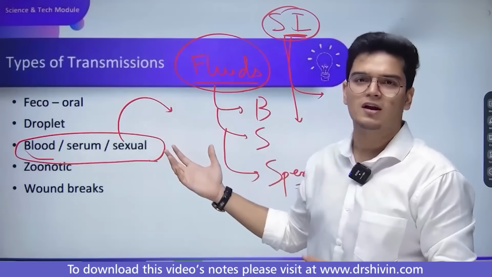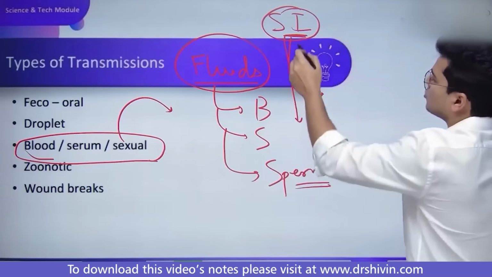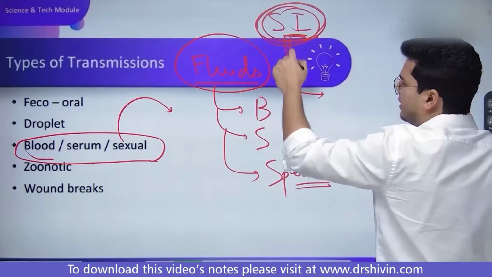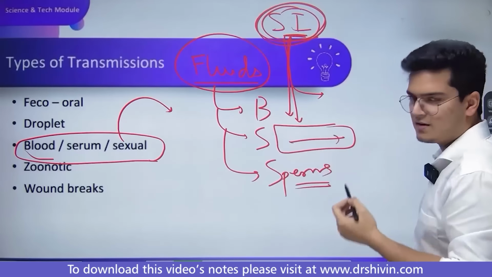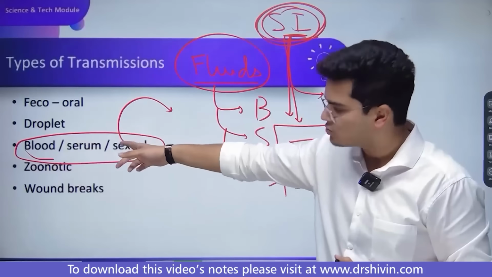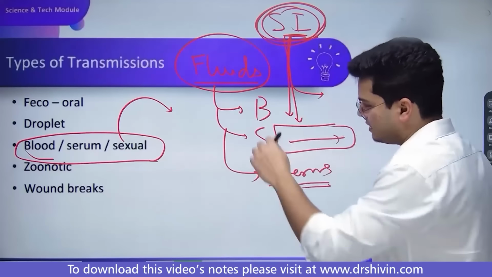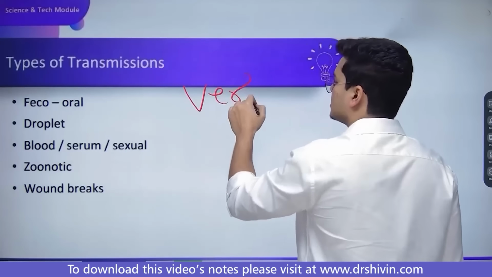There is exchange of body fluids, right? Not going into details, but I hope you understand. So when in sexual intercourse there is exchange of body fluids, if one person is infected, the other person can get infected, right? So this is sexual transmission. Then, in this comes something called vertical transmission. What is vertical transmission?